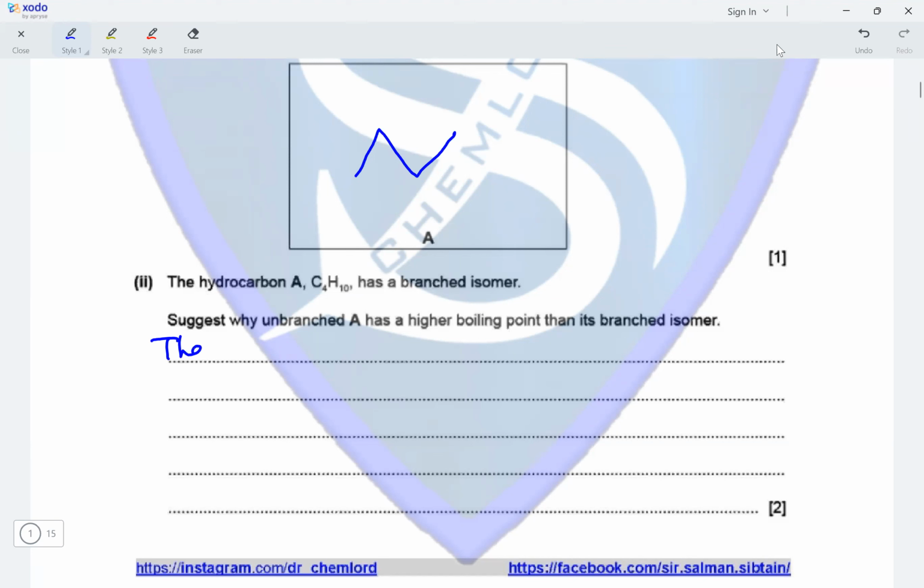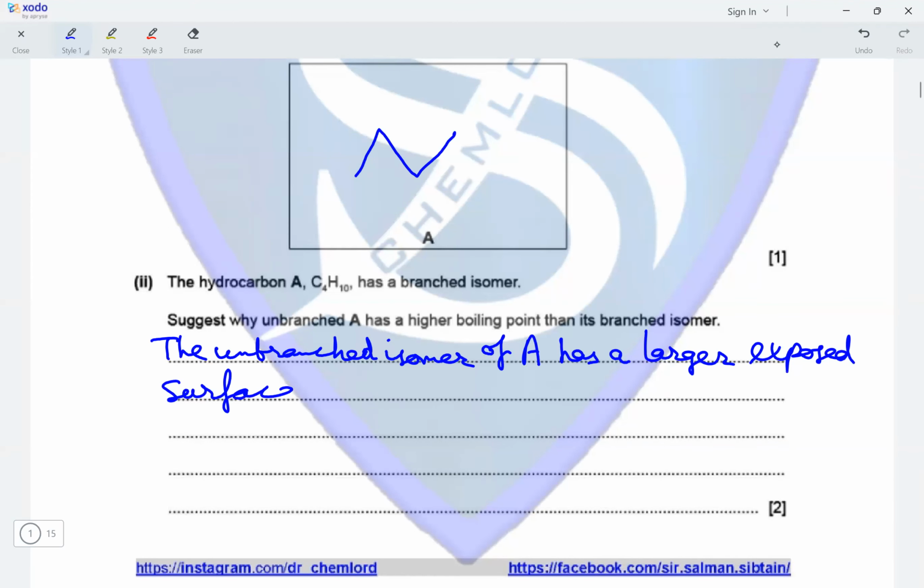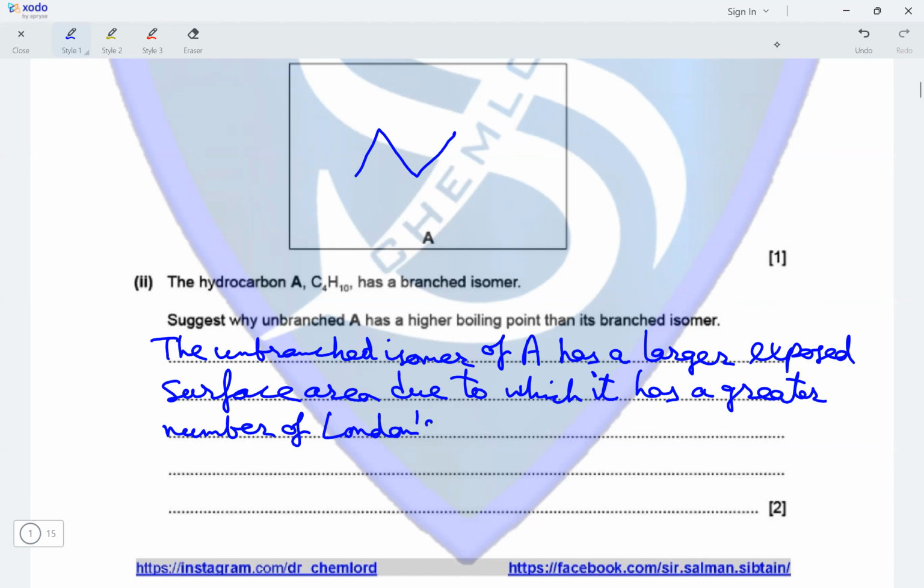So the unbranched isomer of A has a larger exposed surface area due to which it has a greater number of London's dispersion forces present between the molecules.